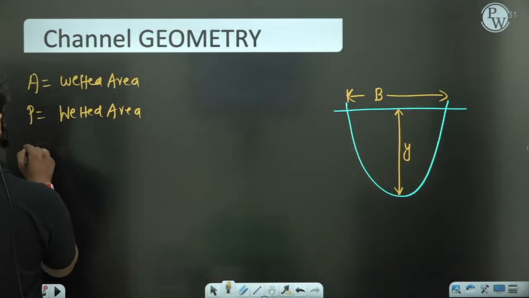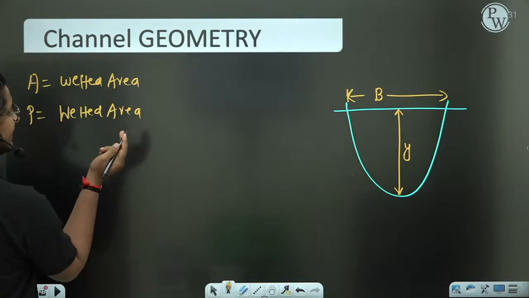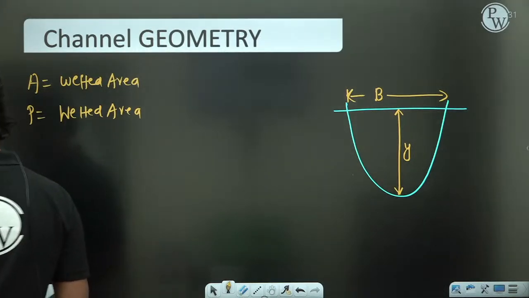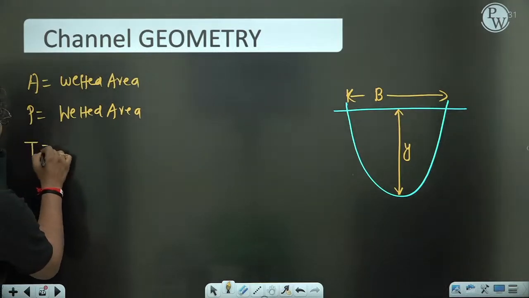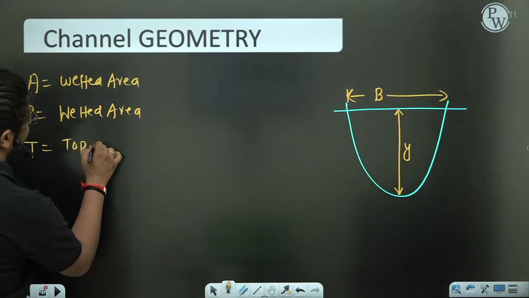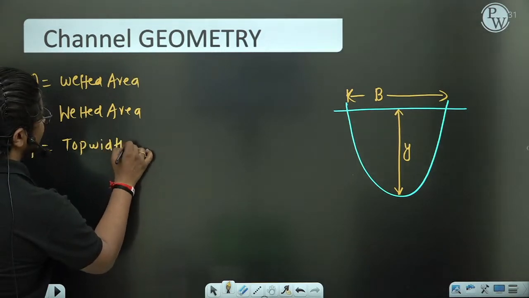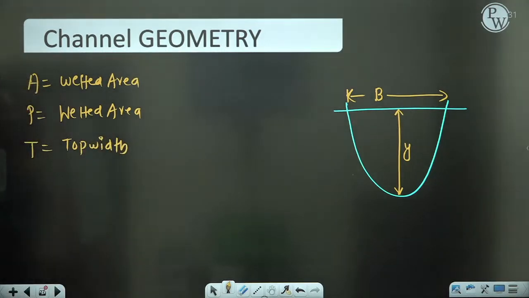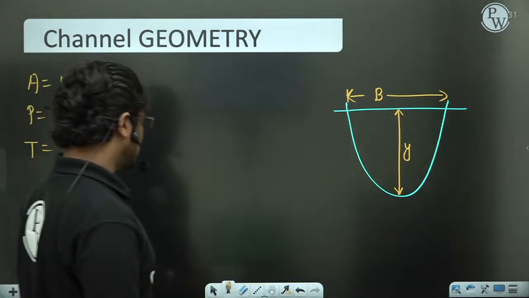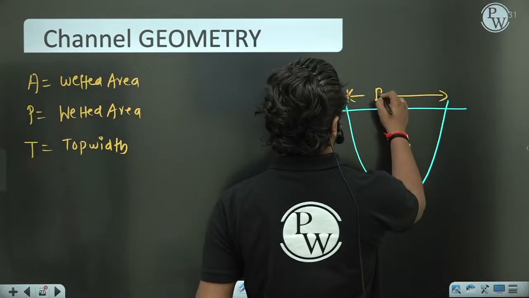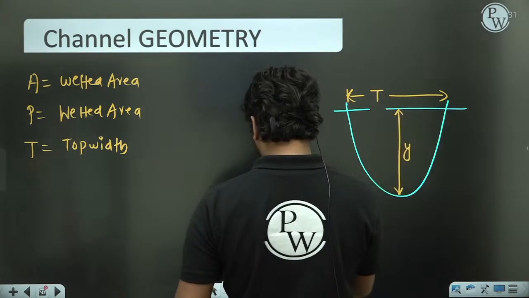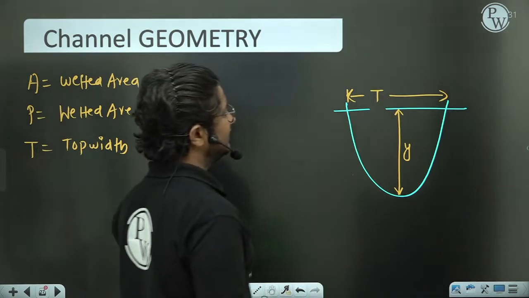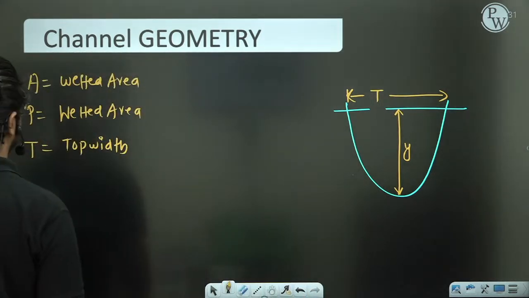Next thing which you need to understand is the width. That is nothing but the b. But T here is what we call the top width. If you want, here you can write down T in place of P. So T means top width.